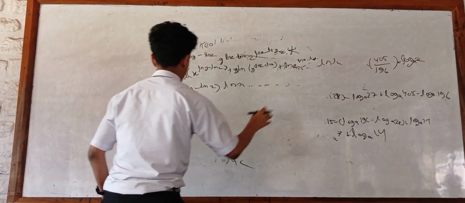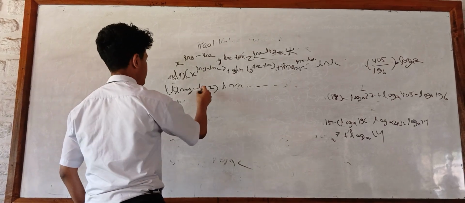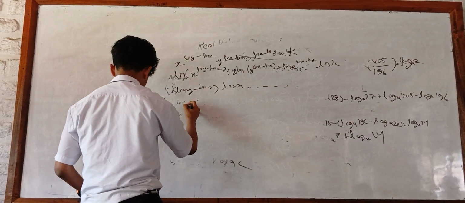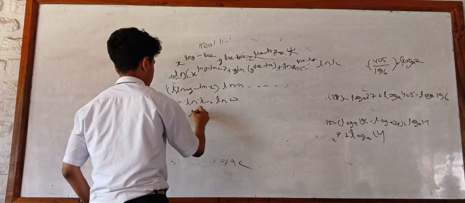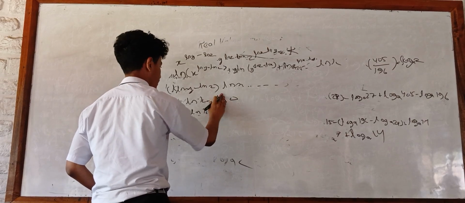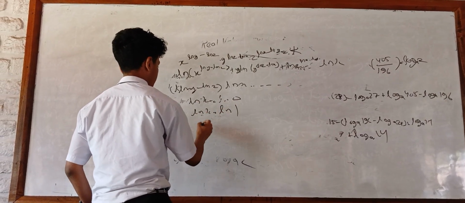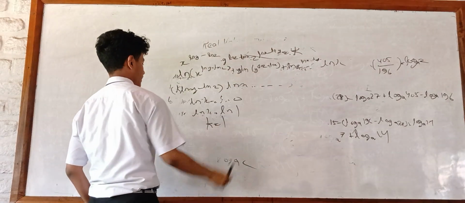Finally, after putting the powers in front and simplifying, we will get ln k equals 0, which is ln 1, and then k equals 1, and we can prove this relation.